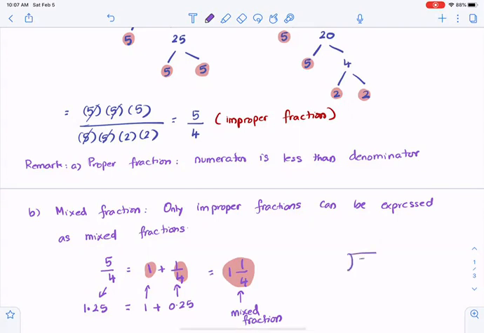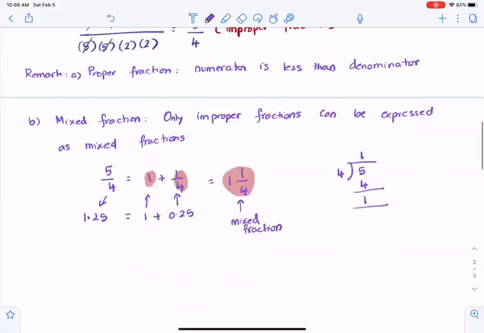All you have to do is divide 5 by 4. 4 times 1 is 4. You get 1 as the remainder. So when we write a mixed fraction, all we do is we write the remainder over the divisor. So 4 is the divisor, 1 is the quotient.